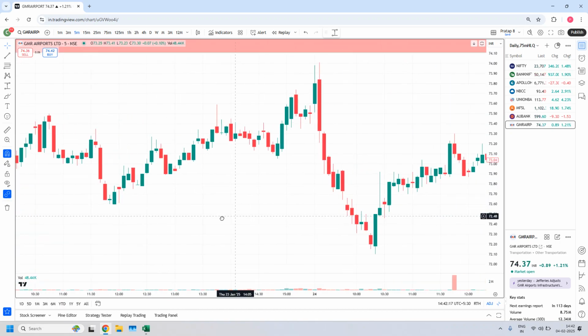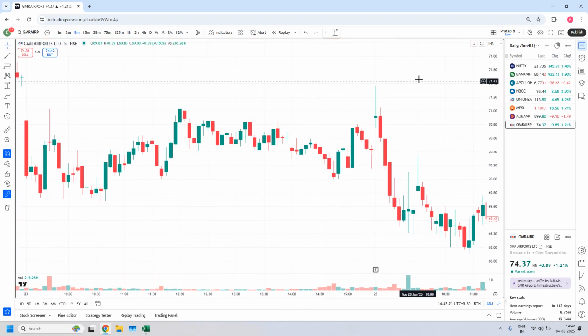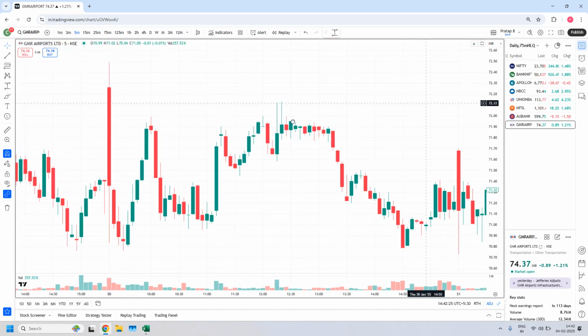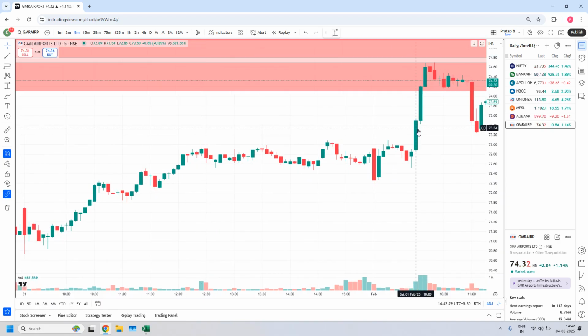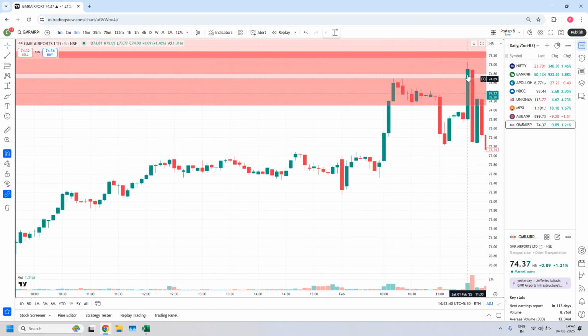But what happened on Saturday? Look into Saturday's price action. The Saturday prices came, almost went into this zone, again came down, and then it was violated on Saturday, and from here prices went and came down.